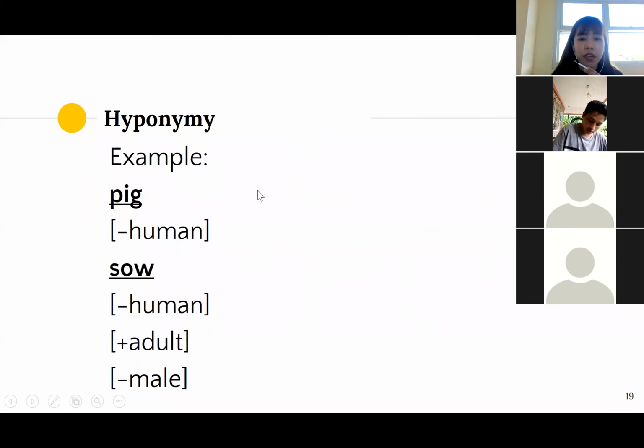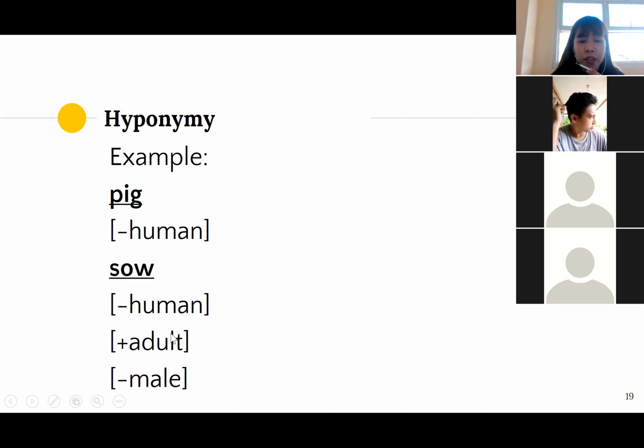To show this better, so you can identify the difference between hyponym and superordinate, here are some semantic features or characteristics of pig and sow. For example, pig and sow are both minus human because they are not human, they are animals. But as you can see, sow has more additional features.